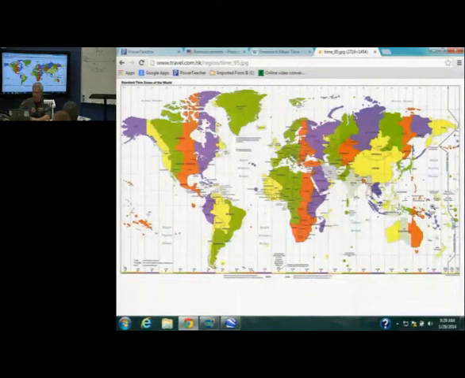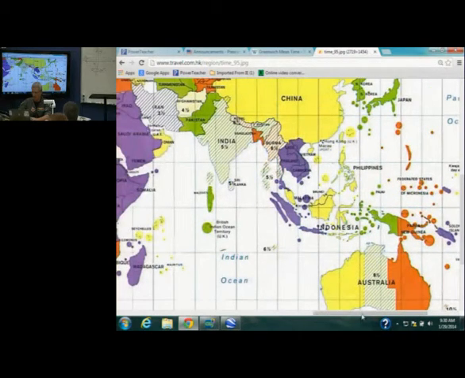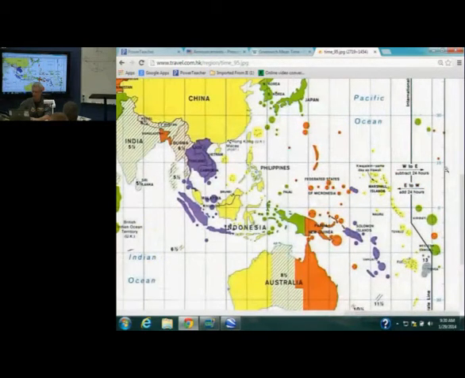And by the way, over here in the Pacific Islands, this one line here is the international date line. If you're flying on a plane going to Japan from west to east, you add 24 hours as soon as you cross this line.